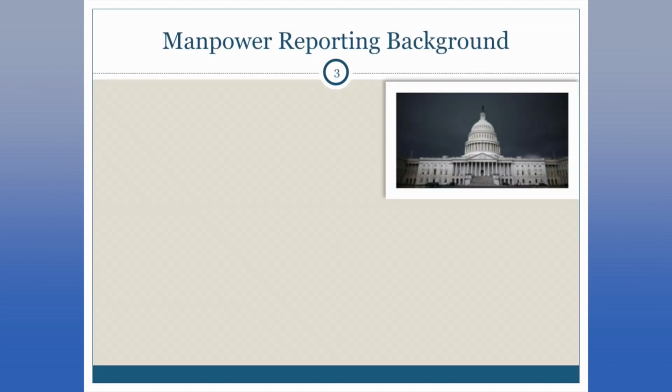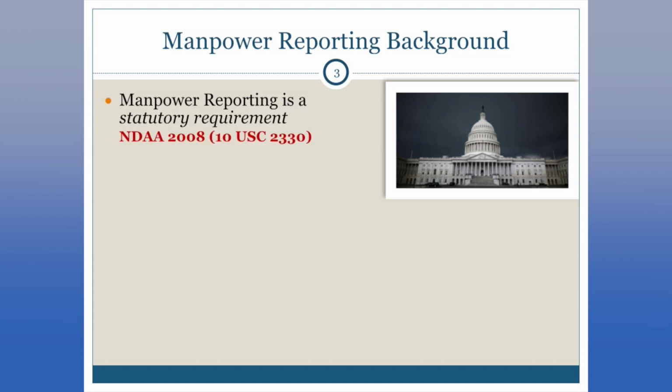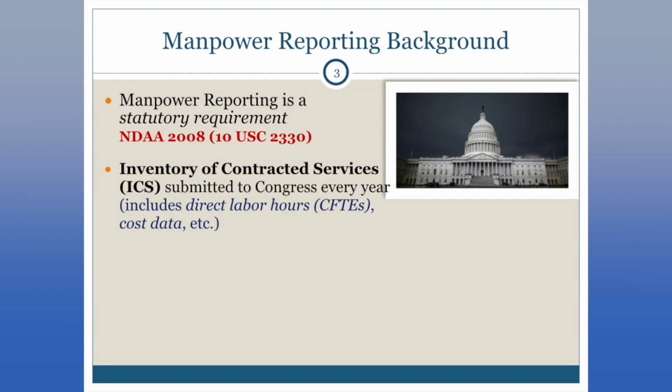We're going to talk briefly about manpower reporting, the background of why we are asking you to put your manpower hours into eCMRA. In 2008, Congress passed the National Defense Authorization Act, which required the Department of Defense to submit something called an inventory of contracted services to Congress every year.